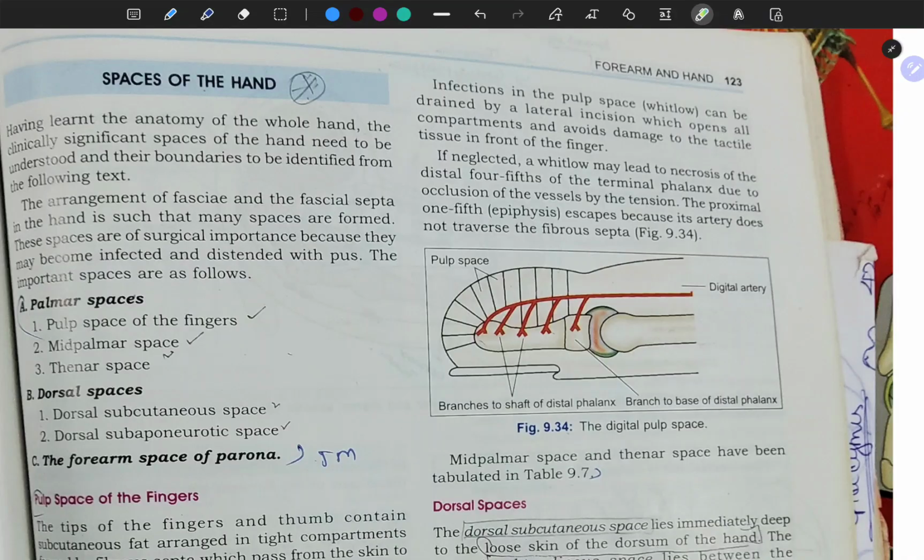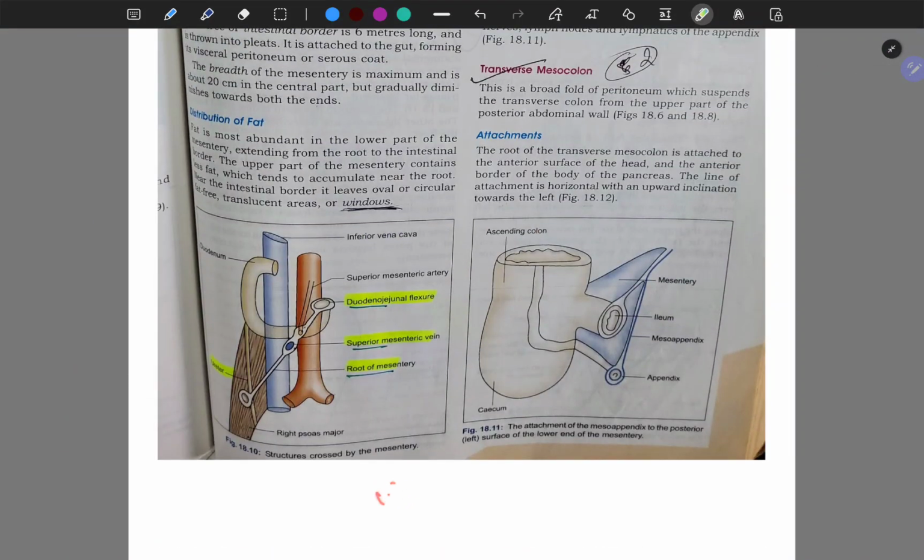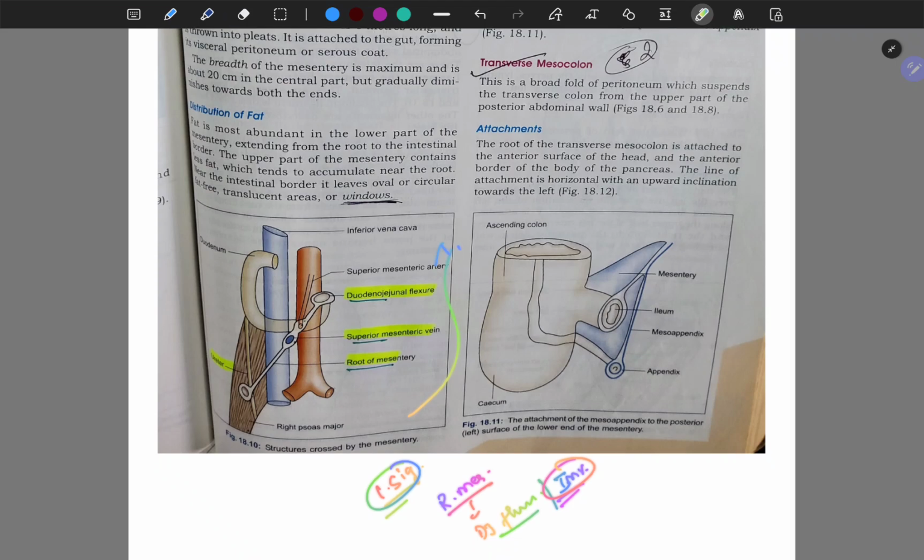A very important point, they will ask you about the clinical significance. Root of mesentery is the landmark for DJ flexure, and inferior mesenteric vein crosses above it.